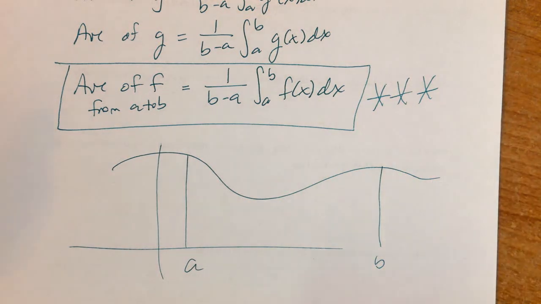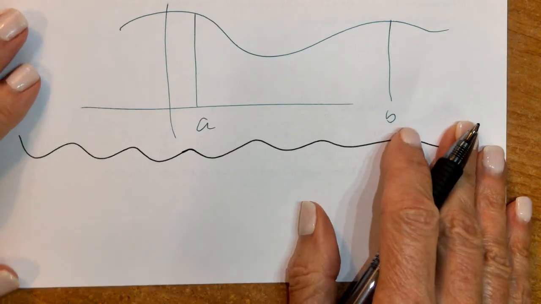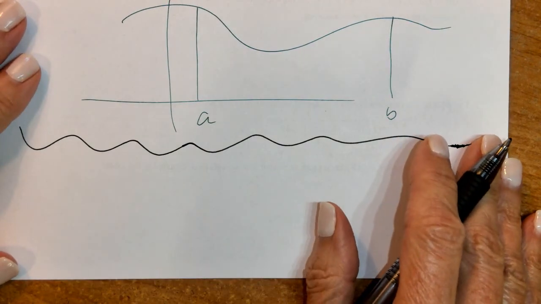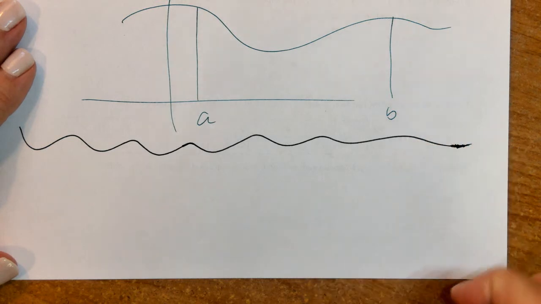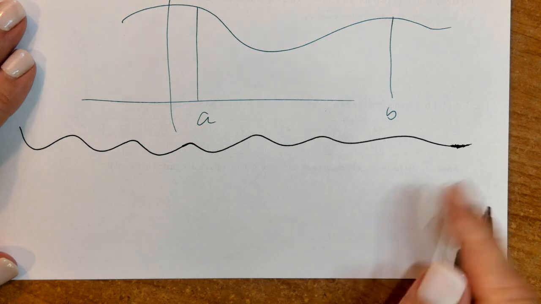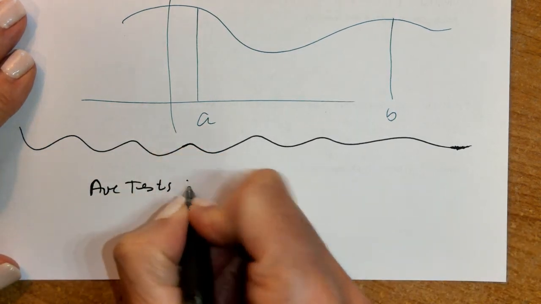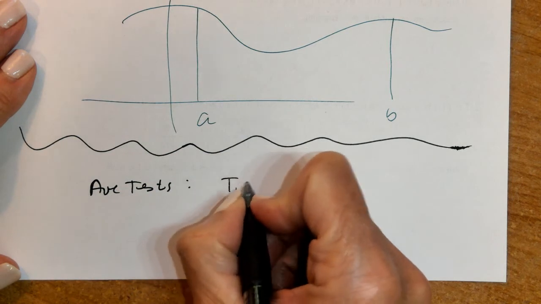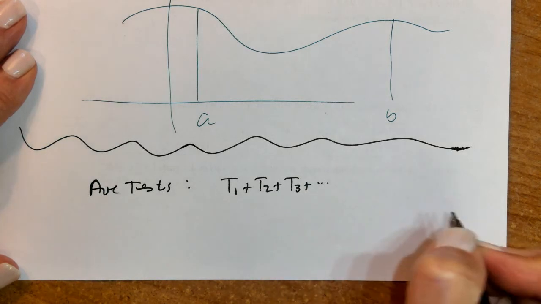Here's how I remember it. If I ask you to find your average test score, if I ask you to average your tests, what's the first thing you're going to do? You're going to add up your test scores, right?